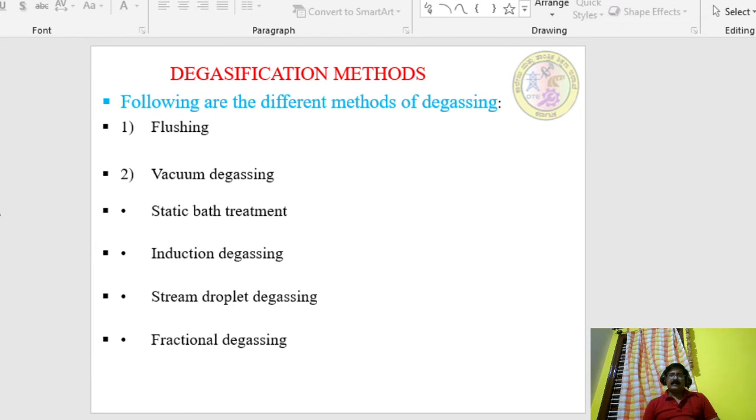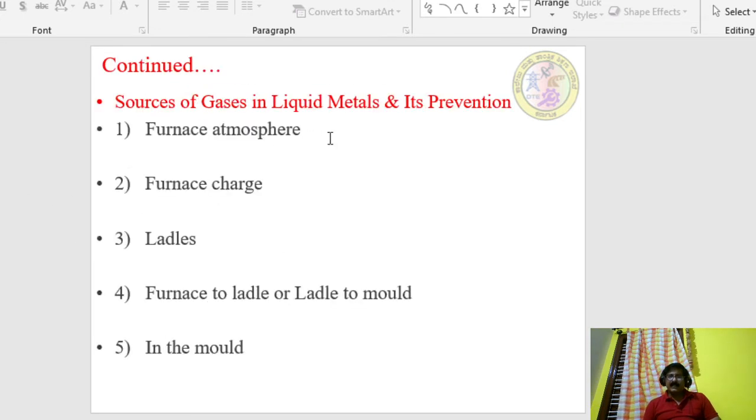Now, the furnace temperature depends on the type of metal to be melted in a suitable furnace, and on its melting temperature. For example, if we melt aluminium, we know the melting point of aluminium is 660 degrees centigrade.